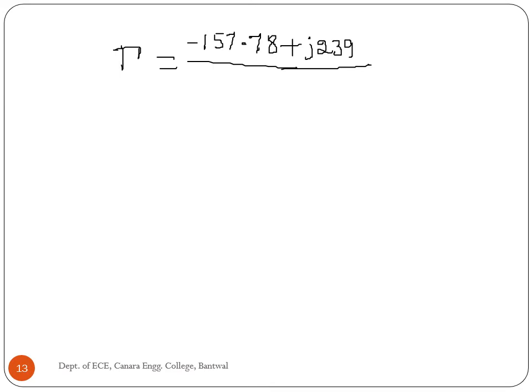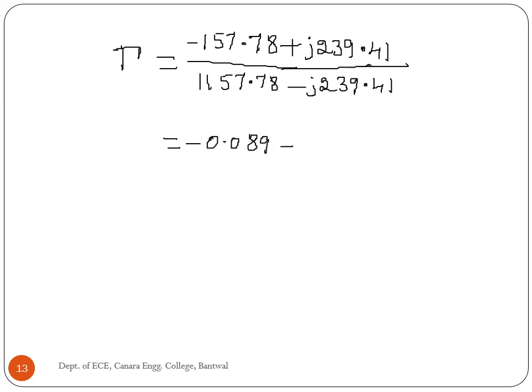Therefore, reflection coefficient is equal to, after ZL minus Z0, we will get minus 157.78 plus j 239.41 divided by, after ZL plus Z0, 1157.78 minus j 239.41, which is equal to minus 0.089 minus 0.22 j.